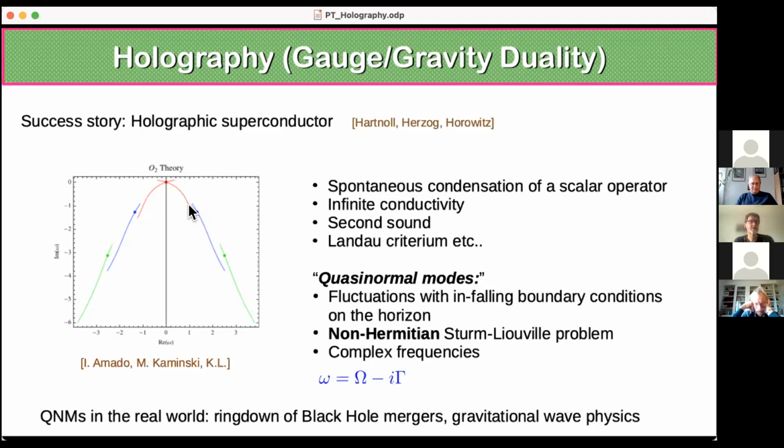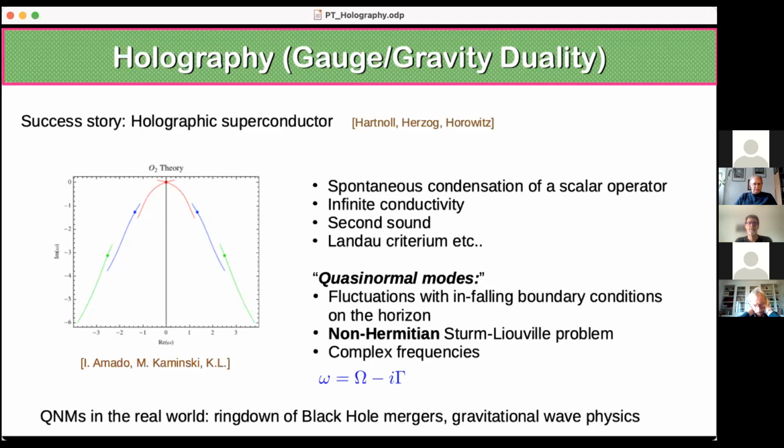Here, for example, is one of our publications where we look at this spontaneous symmetry breaking mechanism, and we followed one of these quasi-normal modes from the symmetric phase, where no symmetry breaking happens, as a function of temperature. As you lower the temperature and go into the regime where the scalar operator wants to condense, this imaginary part moves over to the upper half plane, and instead of exponentially decaying, it becomes an exponentially growing mode and signifies an instability and tells you that this scalar field operator wants to condense.